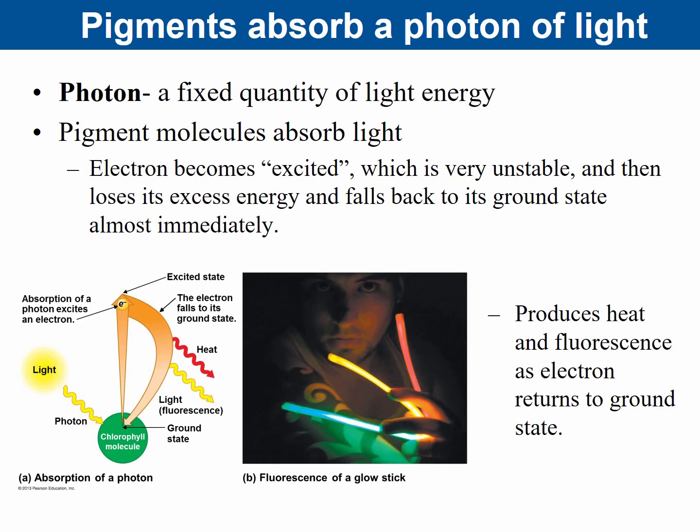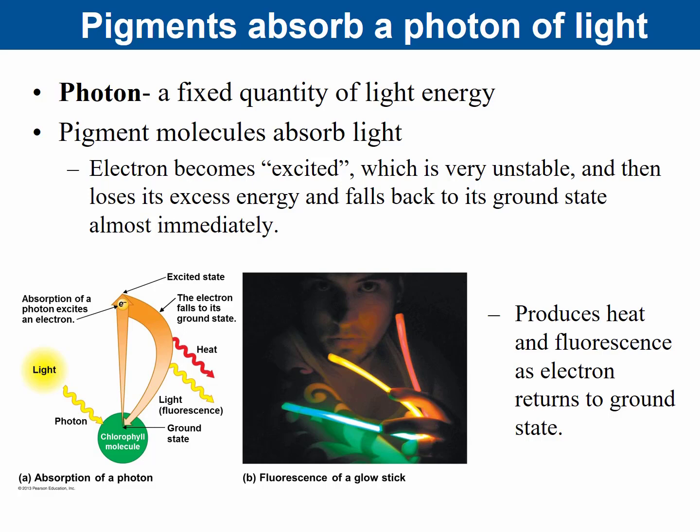And in order to understand light energy, we have to understand how that works. A photon is a fixed quantity of light energy. And pigment molecules absorb light. And so what ends up happening is that to that chlorophyll molecule, water gets split and it donates electrons to chlorophyll.